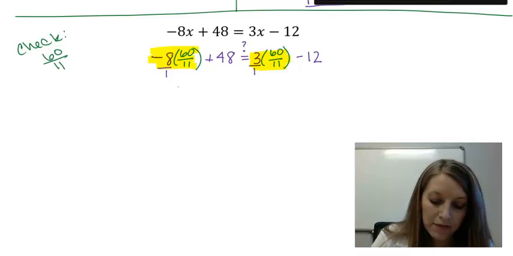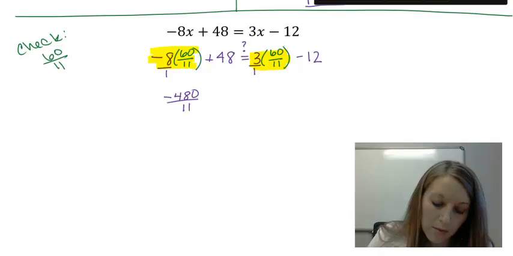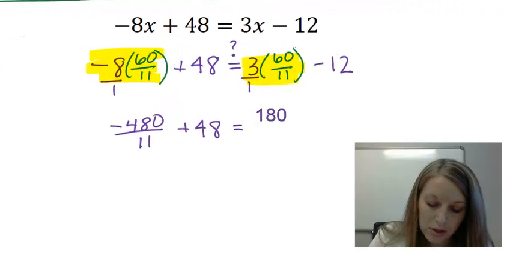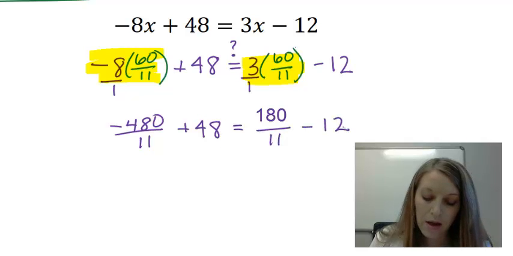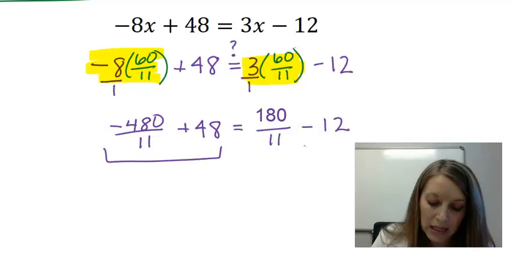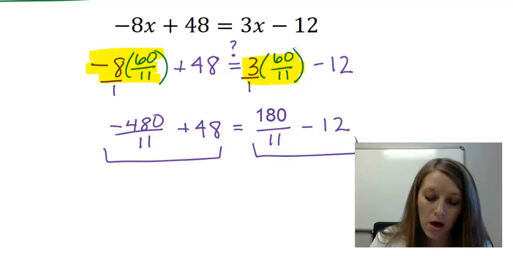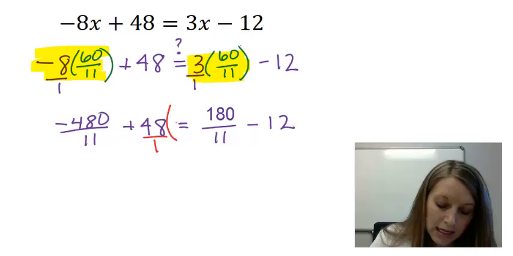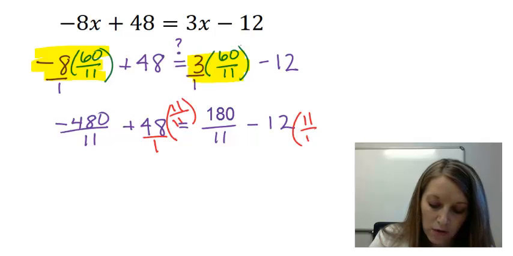So on the top left here, I have negative 480 divided by 11 plus 48 is equivalent to here 180 divided by 11 minus 12. Now I need to add these here by coming up with a common denominator. Well, 48 and 12, I can write them over 1, so my LCD will be 11. So I need to multiply those by 11 over 11.